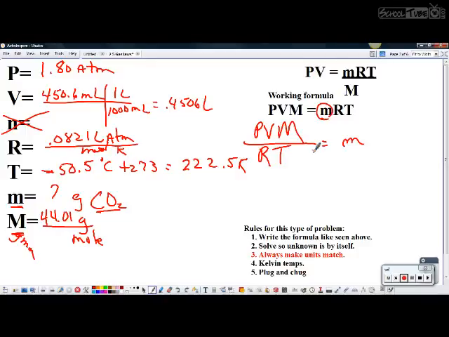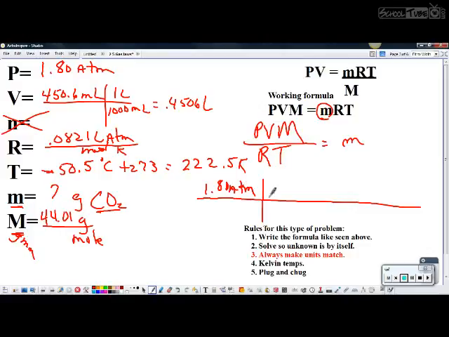All right, so plug and chug. Do a nice long line. Your pressure is 1.80 atm, and you'll notice that I kind of go across the top, and then I go across the bottom when I put stuff in, so I don't overlook something.